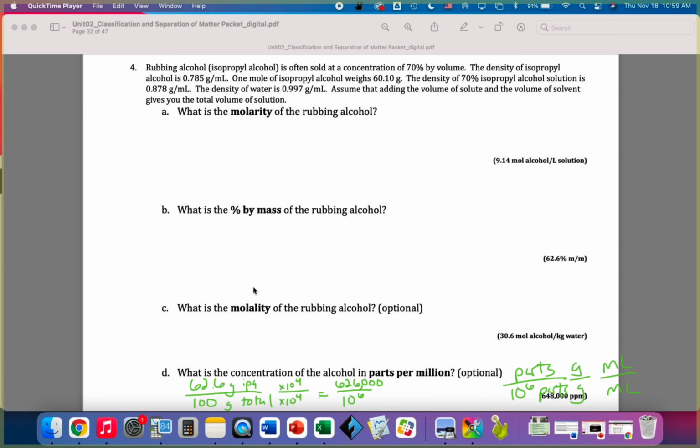Now, I have a slightly different answer here. I'm wondering if maybe I went... You could potentially do parts per million based on moles and get a slightly different answer. If you went with the volume, 70% by volume, that would be 70 milliliters divided by 100 milliliters total. Again, you would do the same thing, 10 to the fourth, 10 to the fourth.